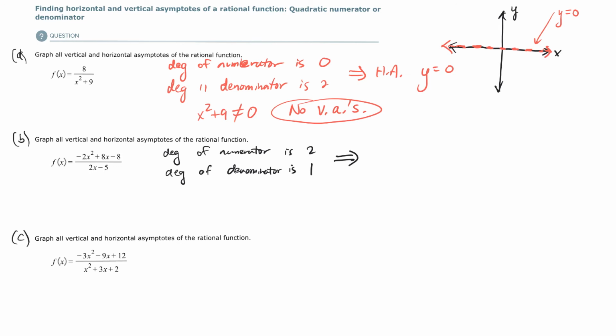These two conditions imply that we do not have a horizontal asymptote. So no horizontal asymptote. In fact, if you do some long division, you will discover something quite different.